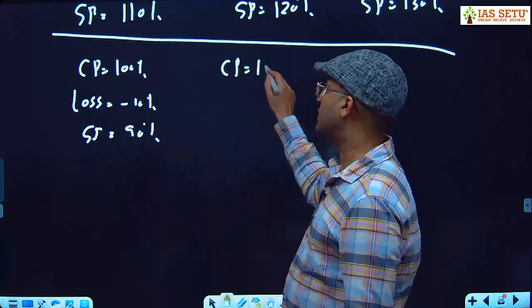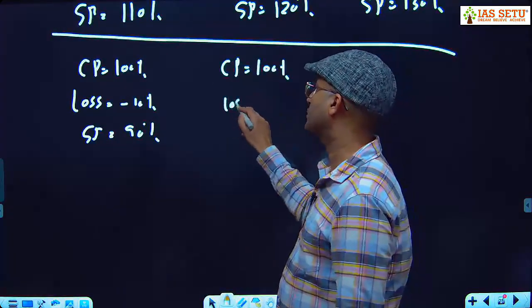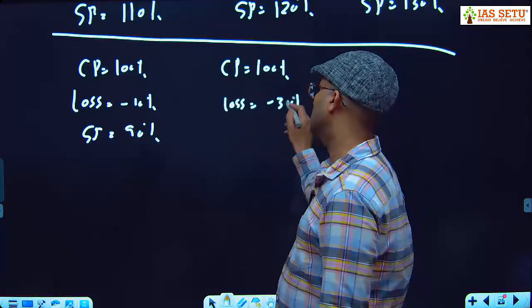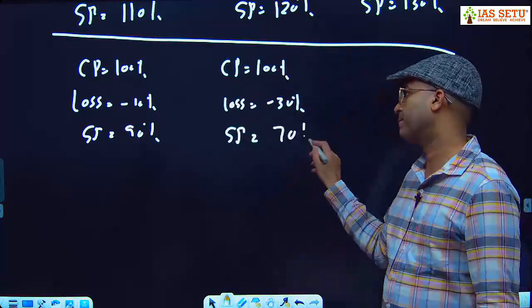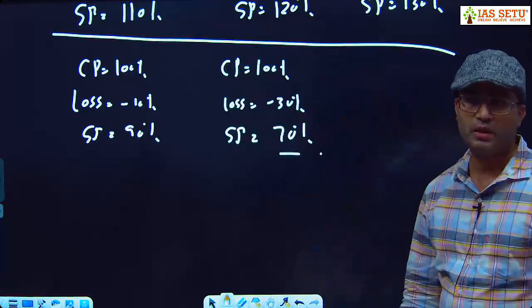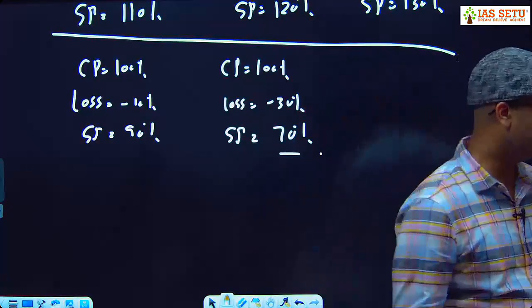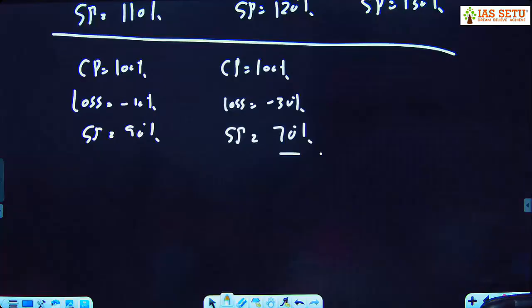Cost price 100%, if loss 30%, tell me selling price in percentage? 70%. Okay, because in next type I will use this, next to next type also I will use this.